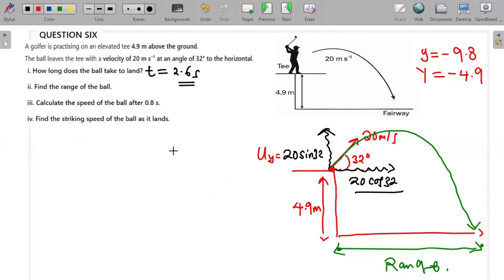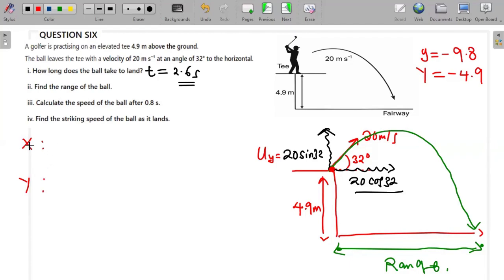Since this is projectile motion, we have a vertical speed and a horizontal speed. So we first have to find the horizontal speed and the vertical speed after 8 seconds, and then combine those to find the resultant speed.